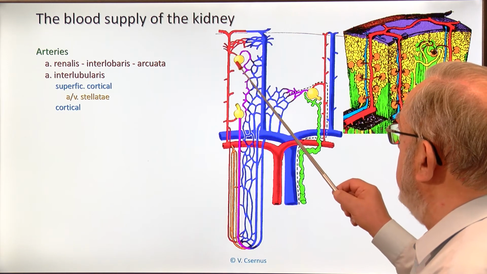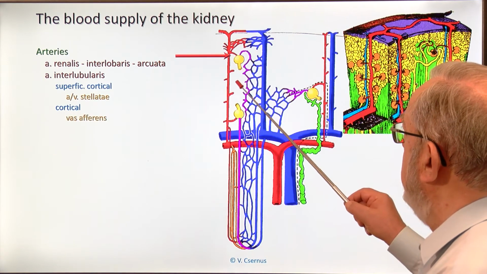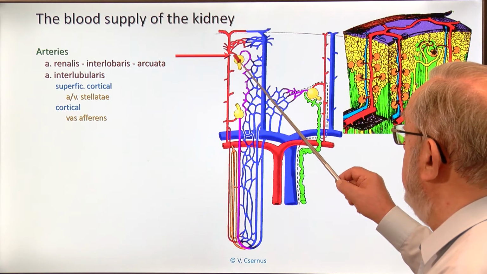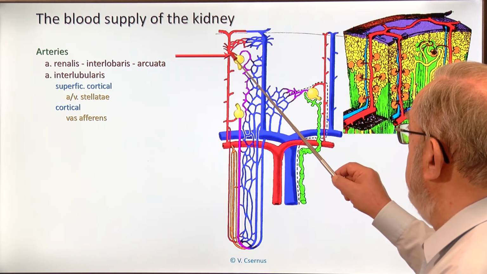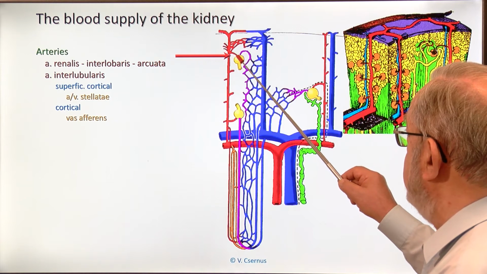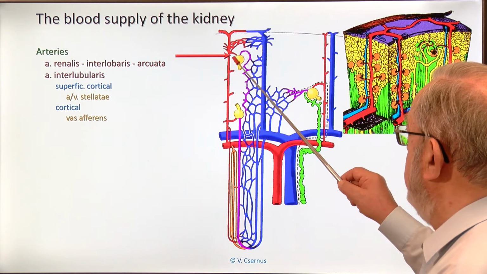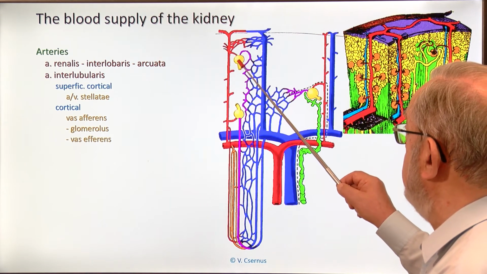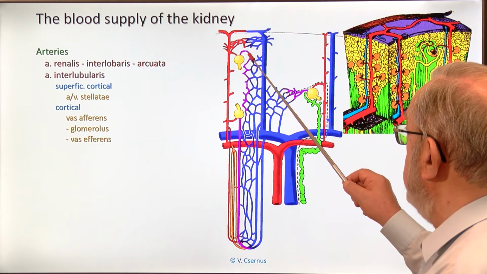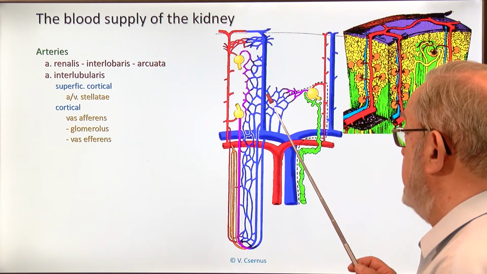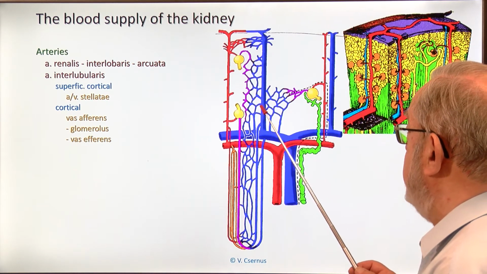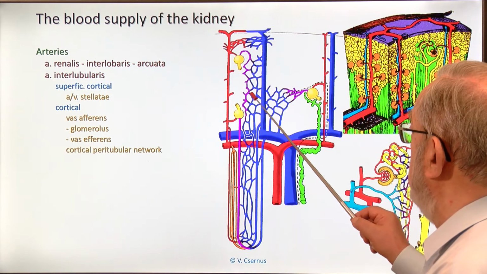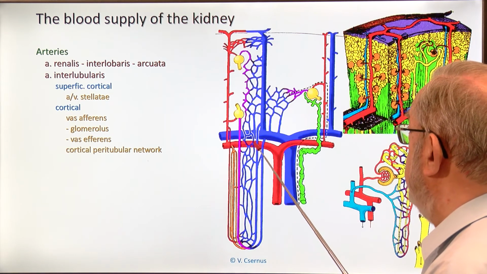In the cortical area, the upper area, most of the branches of the interlobular arteries are the afferent arteries, which carry the blood into the Malpighian corpuscles, into the glomerulus part of the Malpighian corpuscles, and the outgoing artery, which still has high pressure, is the vas efferens. This continues in the so-called cortical peritubular network.